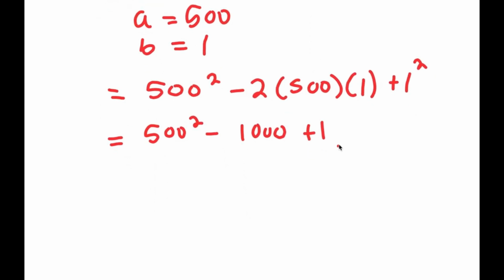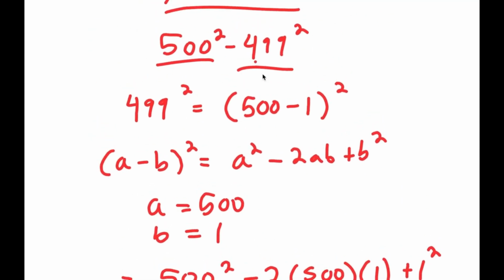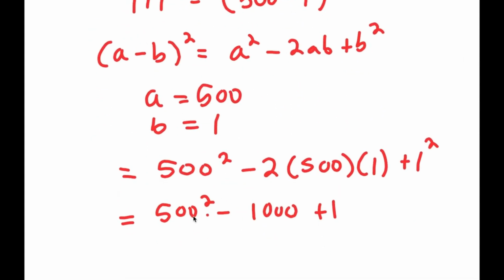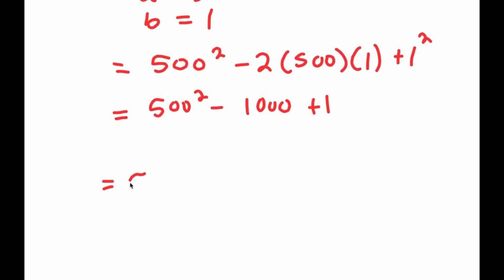And now we can go back and replace 499 squared with this. So we get 500 squared minus 500 squared minus 1000 plus 1.